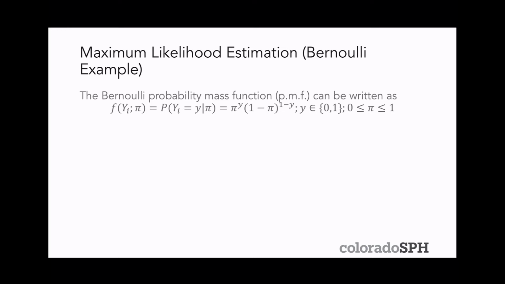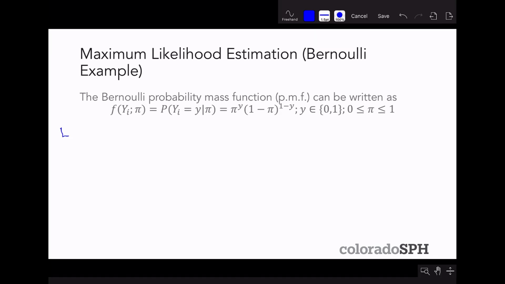So we start off with the Bernoulli probability mass function. For discrete values, we have probability mass functions. For continuous values, we have probability distribution functions. And so the probability mass function for a Bernoulli random variable is like this. So the first thing that we do is we want to write down the likelihood of that function. So the parameter comes first when you're writing out the likelihood.